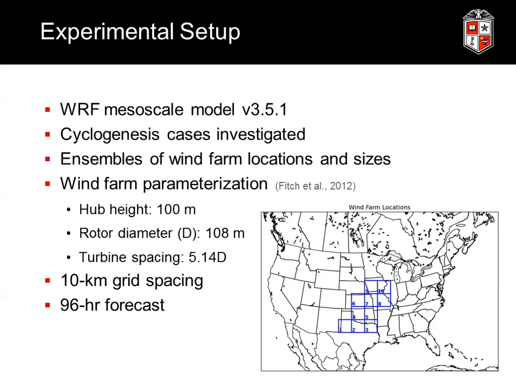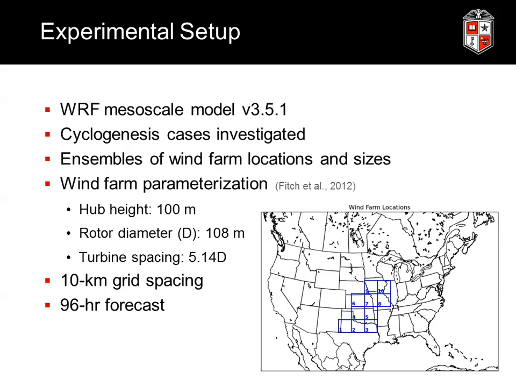So for this research, I'm using WRF version 3.5.1, and I'm investigating cases where cyclogenesis is occurring in the central United States. I'm doing this in two parts, using ensembles of both wind farm locations and wind farm sizes. And I'm utilizing the wind farm parameterization that is in WRF.